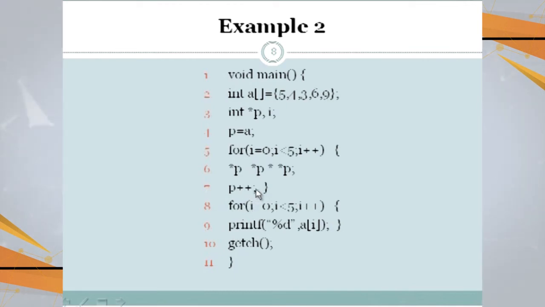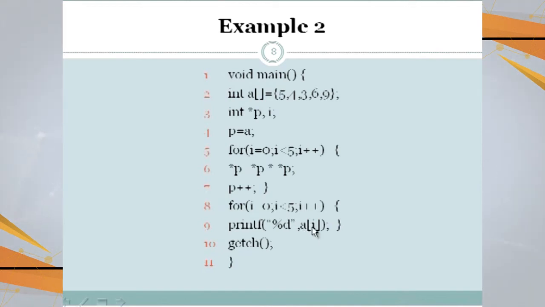Following the body of this loop is another loop. Through this loop we are accessing each element of the array by using the name of the array followed by the index number, in the same manner as you studied earlier. This time I equals 0, I less than 5.